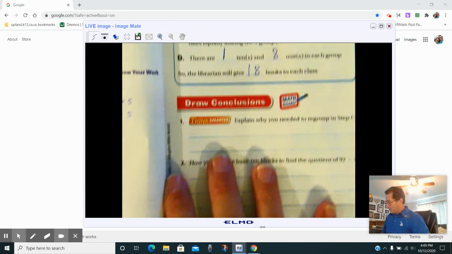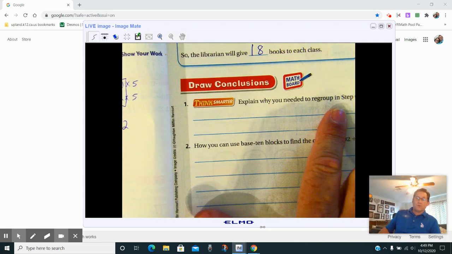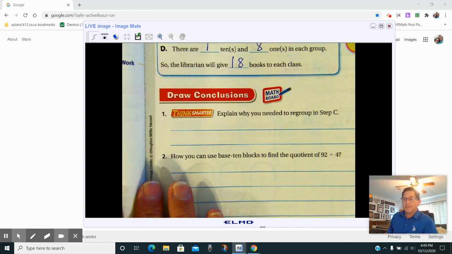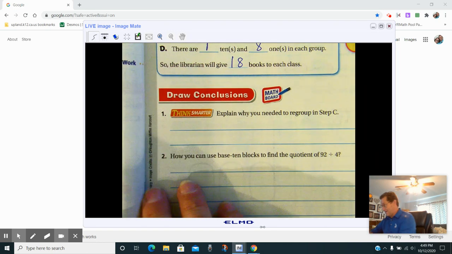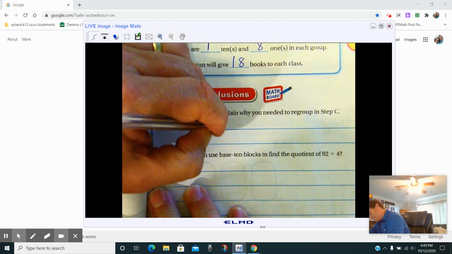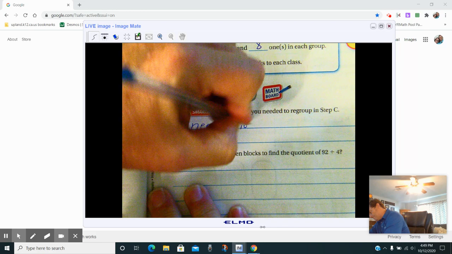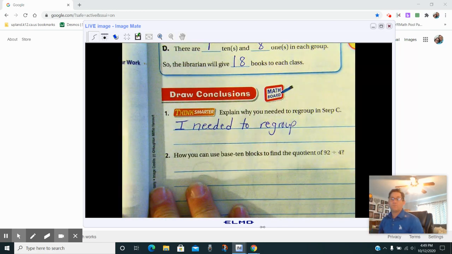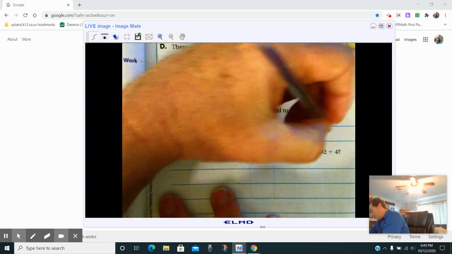So now explain why we needed to regroup in step C. Remember I had 2 tens left and I traded them, or regrouped them, for ones. So I needed to regroup. Okay, why did we need to regroup in step C?